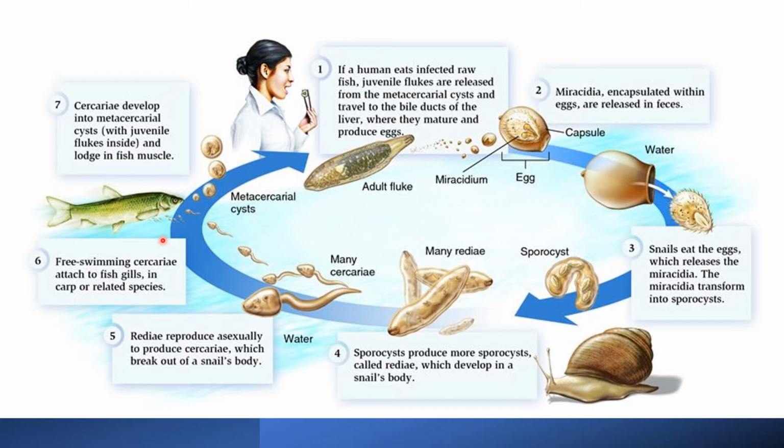We have also another snail, possibly a snail as the second intermediate host, or freshwater vegetation. So the cercaria larvae will develop into metacercaria, which are now the infective forms to the definitive host in most of the trematodes. Then the cycle will start again after infecting the definitive host.